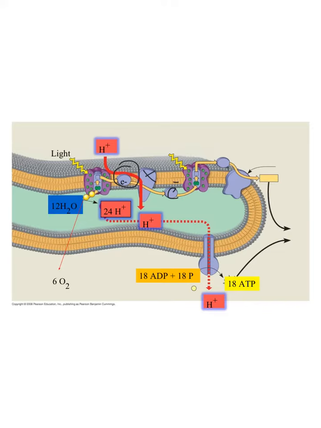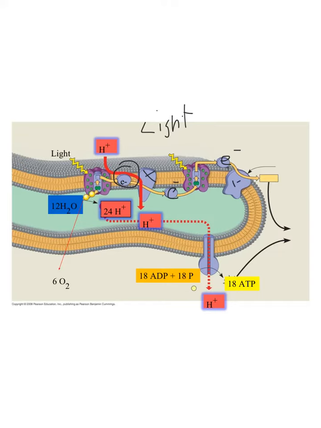Photosystem 1's job is to accept light energy, not to break anything apart, but to re-energize the electrons, bring them to a higher excited state, and a third electron carrier is going to carry it over to NADP reductase here.